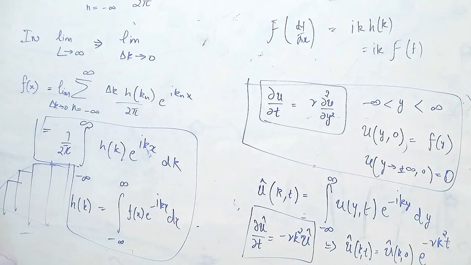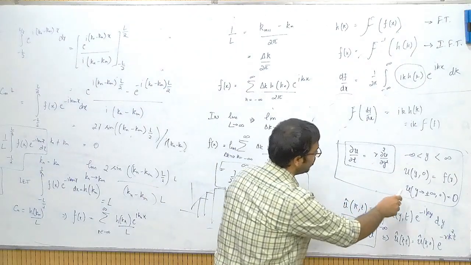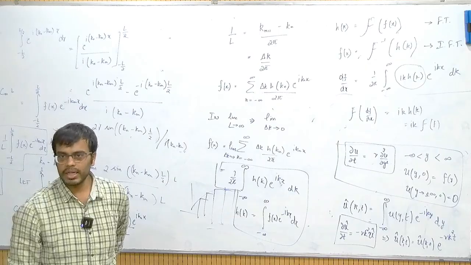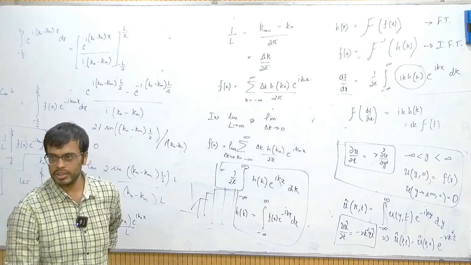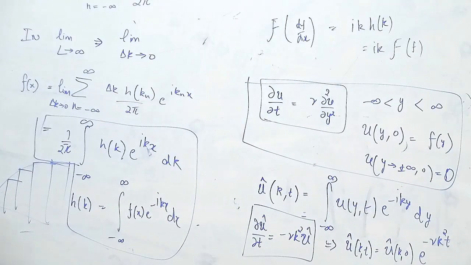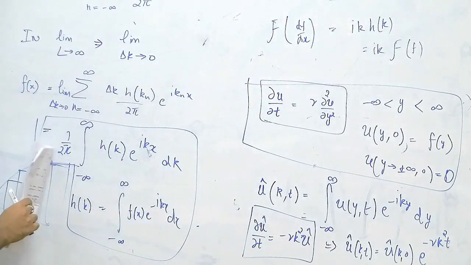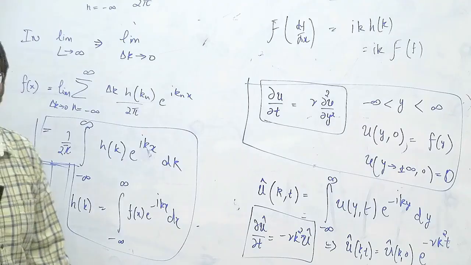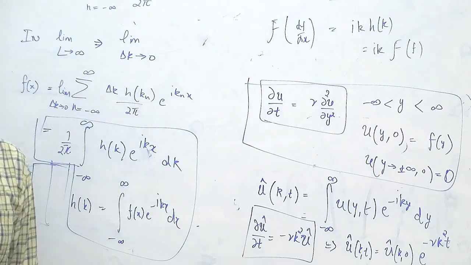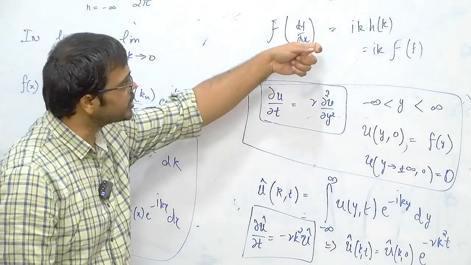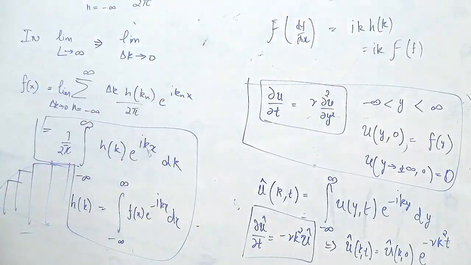So, instead of solving for u of y comma t, I have solved for u hat of k comma t. I have directly solved for the Fourier transform of the function, and now using the inverse formula, I can find the function at y comma t. That is the power of this property of the Fourier transform.